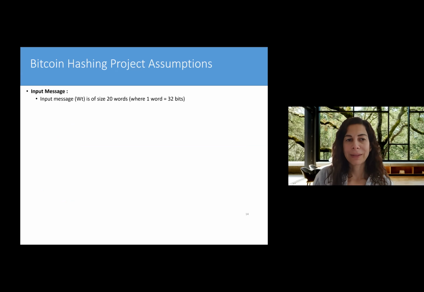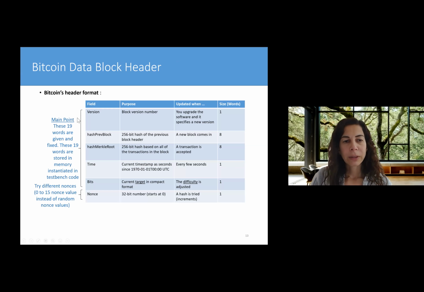Now the input message. If we look here, there are 19 words for the first 5 items, and the last one, which is being changed, is 1 block.